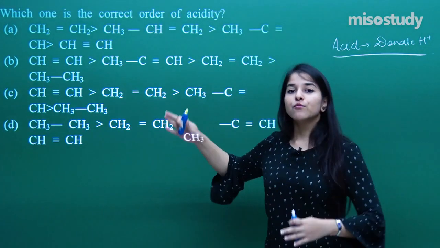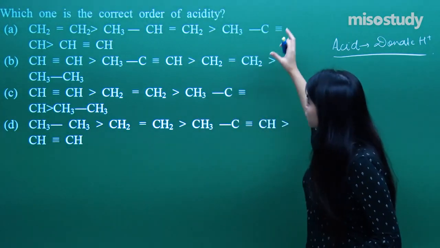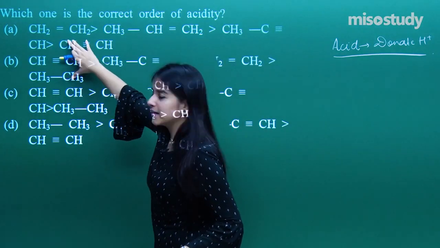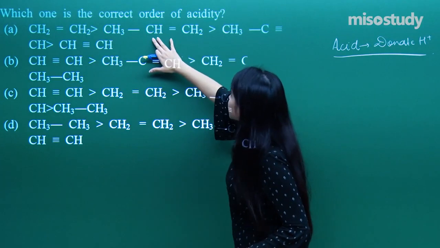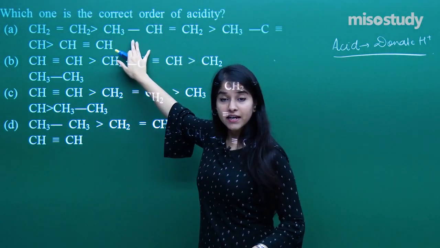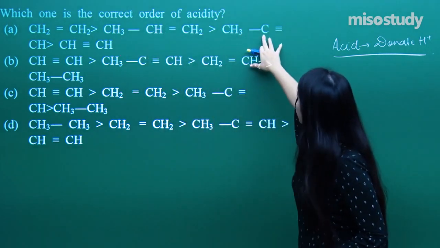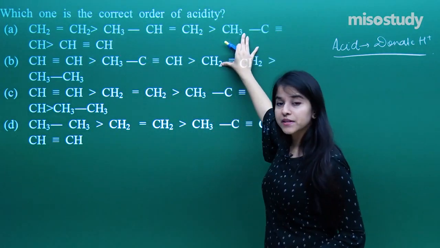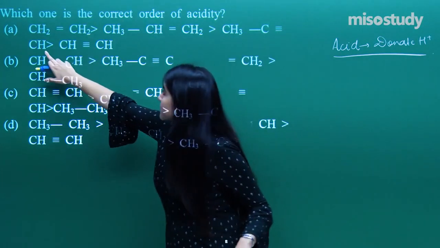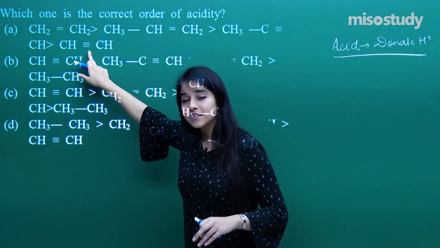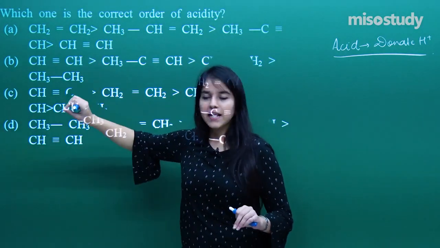What kinds of molecules are we given? Just quickly analyze the options. Here we have an alkene, that is ethene. Again an alkene, that is propene. And over here it's a triple bond, that means I've got an alkyne. The remaining portion has been written over here, and again we have acetylene, that is also an alkyne.